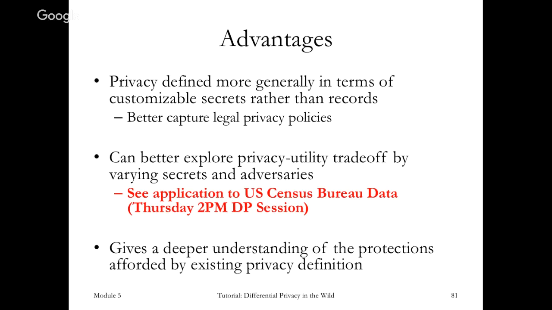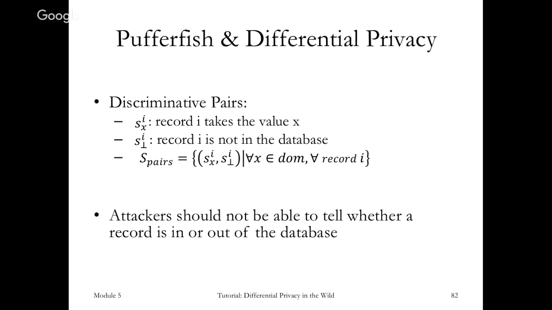The other important advantage is that it gives a deep understanding of the protection afforded by existing privacy definitions. So let's see what differential privacy means in this Pufferfish lens. You can write differential privacy as an instance of Pufferfish. What does differential privacy say?